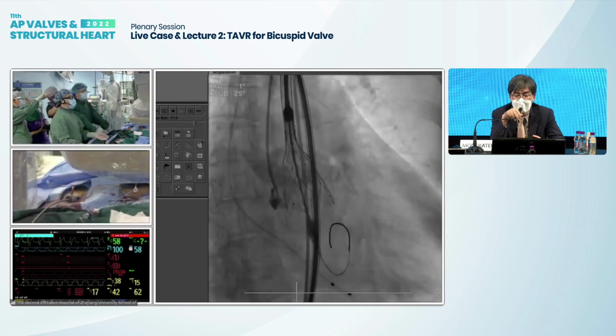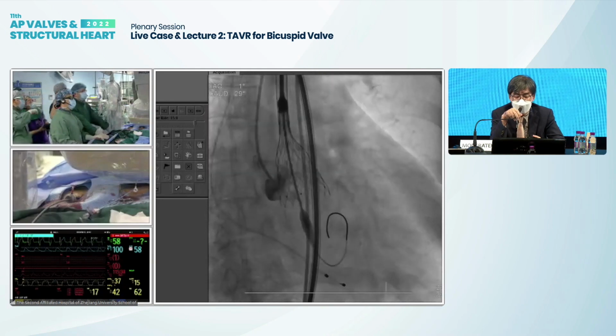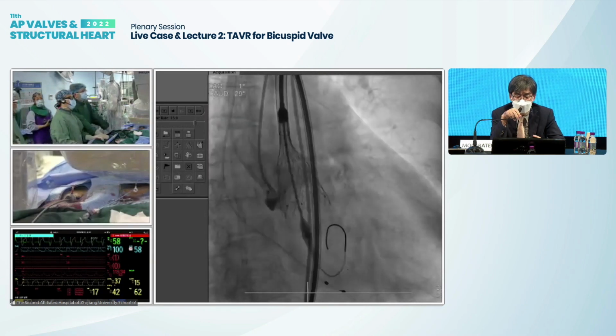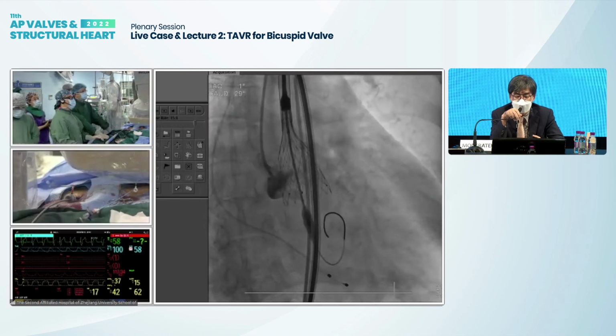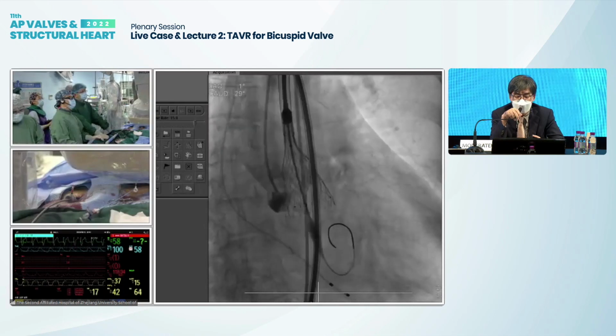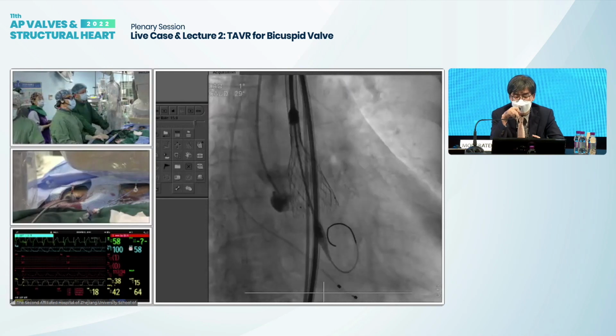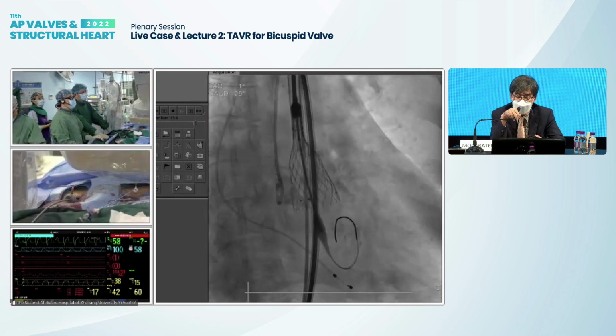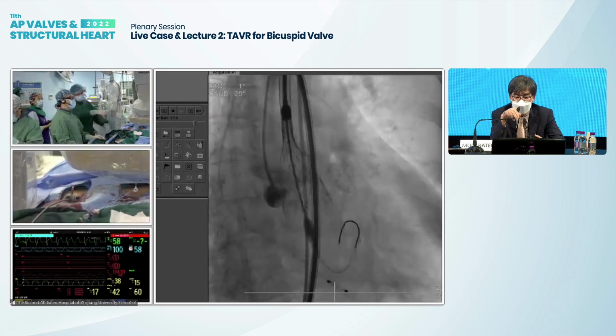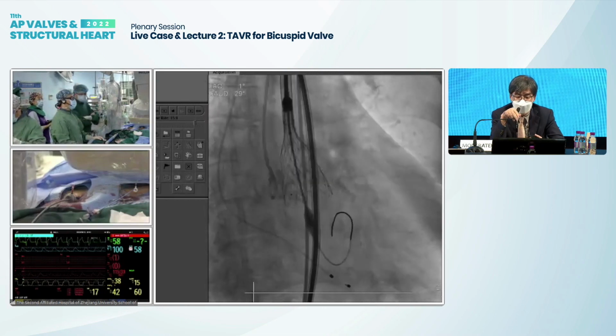Agree. But too many trials during valve deployment is dangerous to the patient. So I think three attempts is quite enough. Perfection is the enemy. In the current situation, we are satisfied with this result.